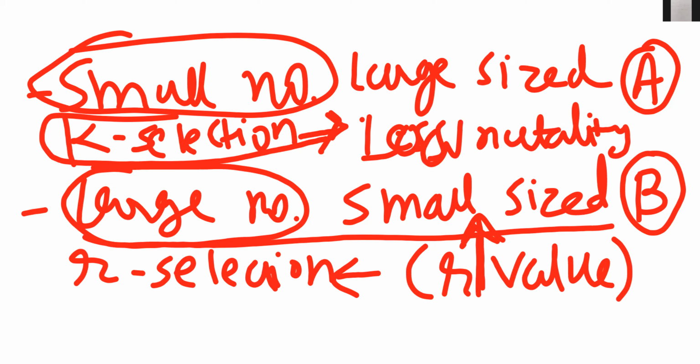Is it clear? R selection, K selection, you have to remember it this way. If the natality rate, birth rate, is high, it is R selection, with higher R value. If the natality rate is low, remember K selection. Are you all clear with this?